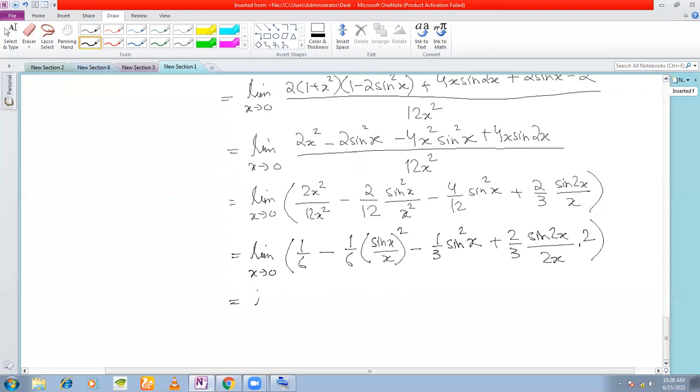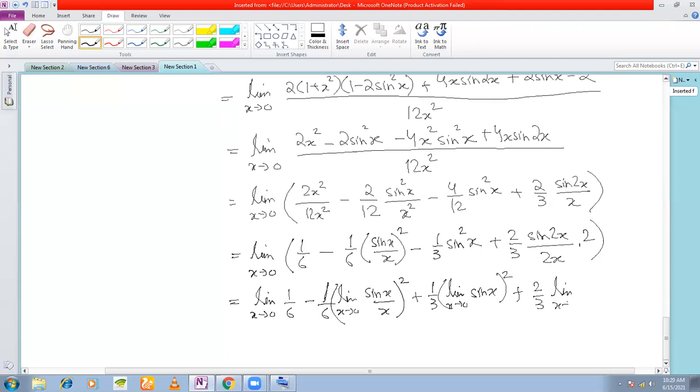Now see, this will be limit x tends to 0, 1/6 minus 1/6 limit x tends to 0 sine x by x whole square plus 1/3 limit x tends to 0 sine x whole square plus 2/3 limit x tends to 0 sine 2x by 2x, right?